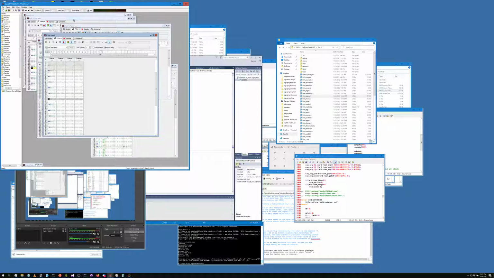I think this is another one I'd made previously as a mod format one.